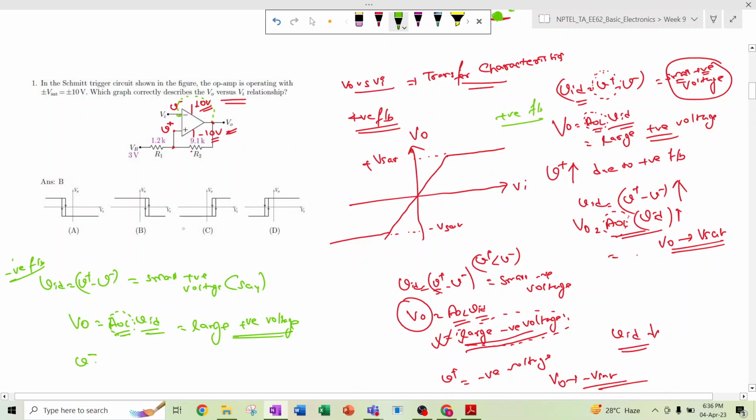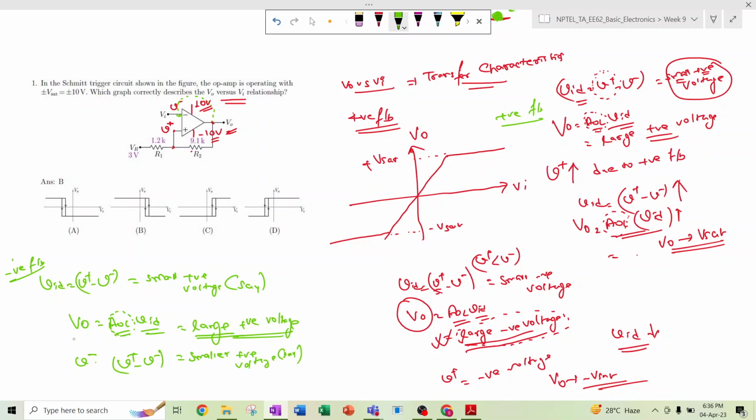So in case of negative feedback, what is happening then? A certain fraction of this large positive voltage goes to V minus, which makes V plus minus V minus a smaller positive voltage than previous. And if it is smaller, then VID is smaller. Next, VO becomes smaller than this large positive voltage, and then again it is fed to V minus.